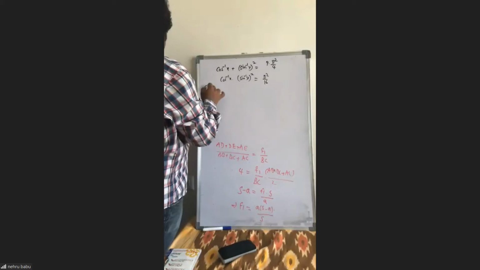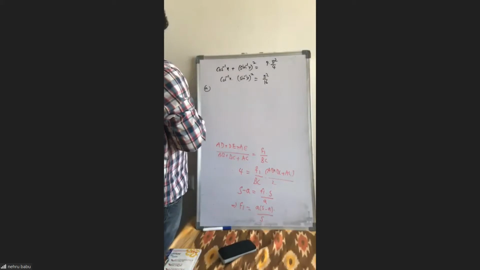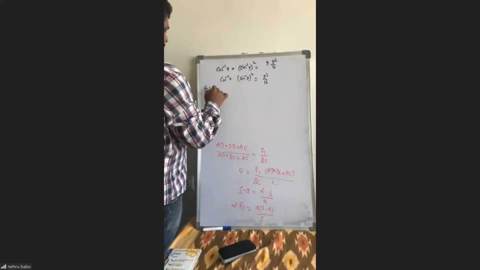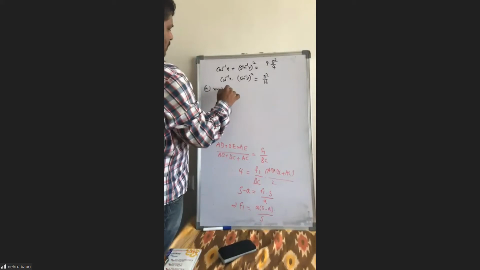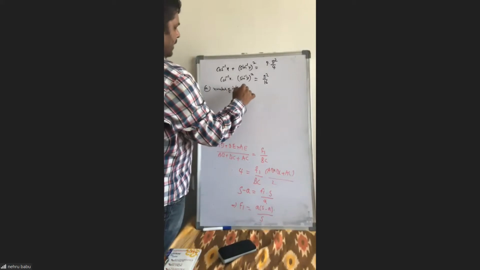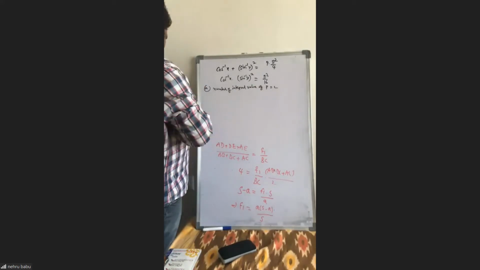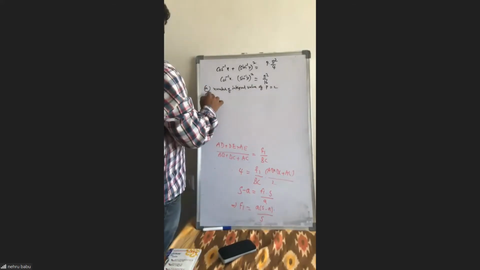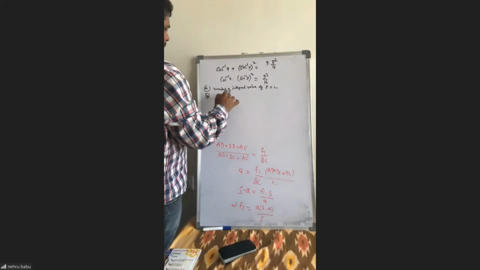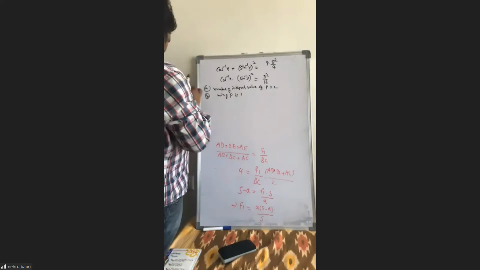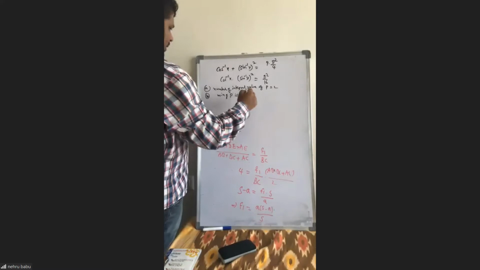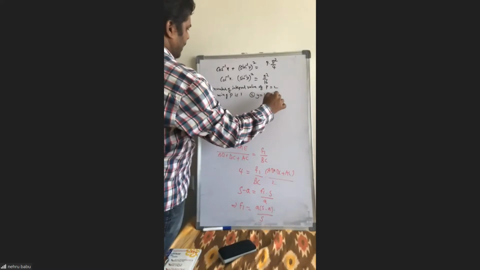And he gave options in the problem: number of integral values of p is 2. Integral values of p equal to 2 will come. Next, option B, minimum value of p is 1, and other options y equal to 1.